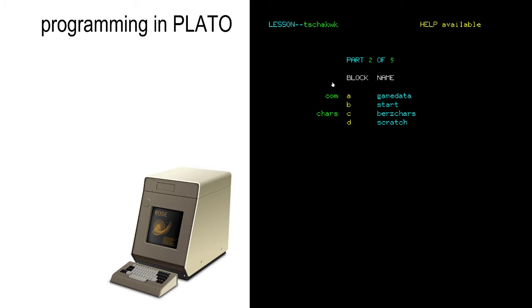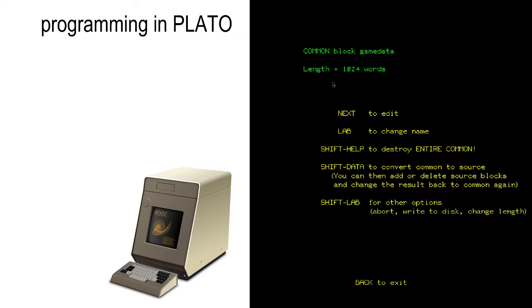Other bits and pieces include common area. Now, common area is essentially a chunk of shared memory. You have various options here to take and edit it, to change the name of it, to destroy it, meaning to delete it from your file if you don't need it.